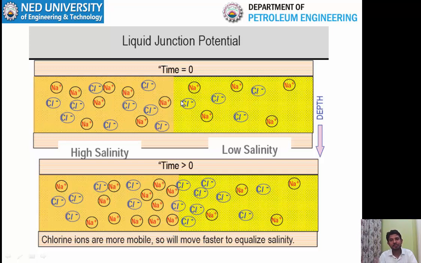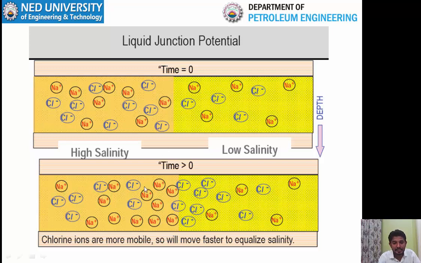So ions will move from higher concentration to lower concentration. Both sodium and chloride ions would love to move from higher concentration to lower concentration, and this is called diffusion. So when two fluids of different concentration come in contact, diffusion will occur and the ions will move from higher concentration to lower concentration.